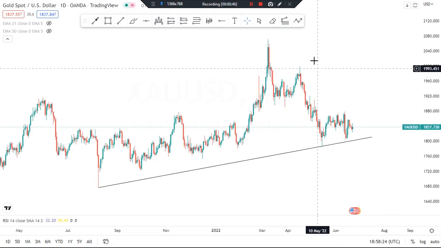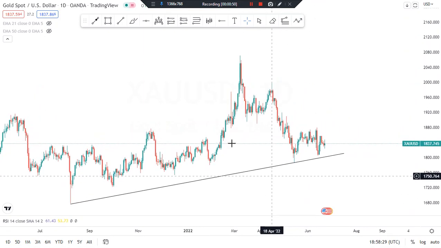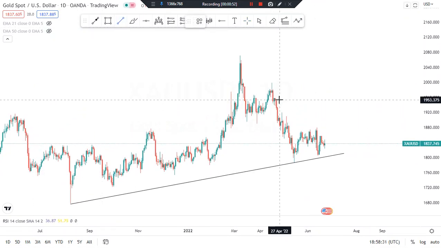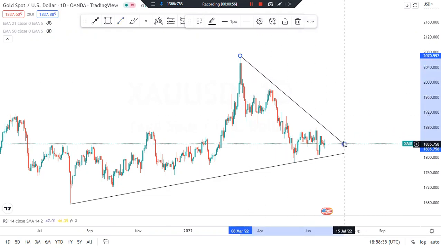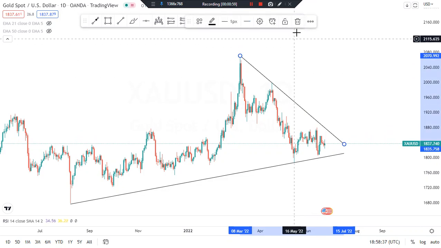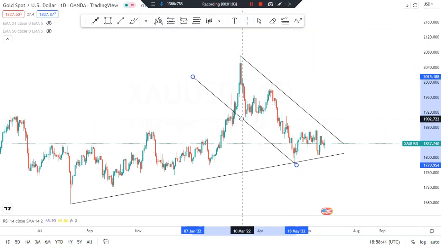As we can see, this is our bottom trend line right here. Then our upper trend line, I'm going to place it here. Then we clone this and put it around these areas.